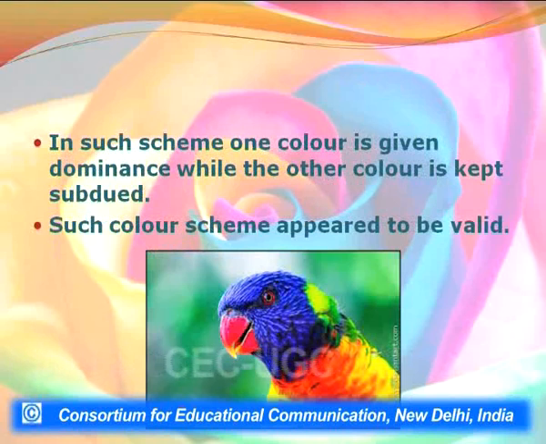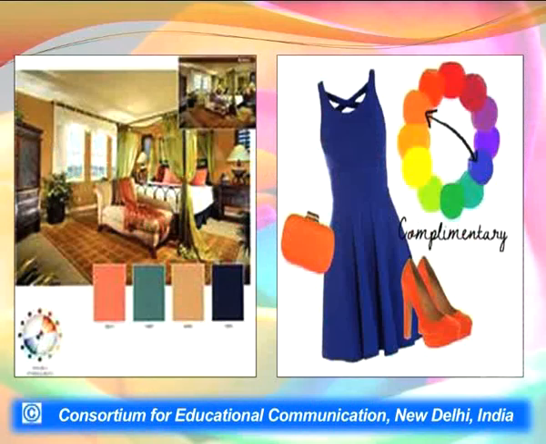Such a color scheme appears to be valid. You can see the complementary color scheme in these pictures also. So a blue dress with orange accessories, complementary. Similarly, we can use the complementary color scheme in the bedroom, drawing room also.